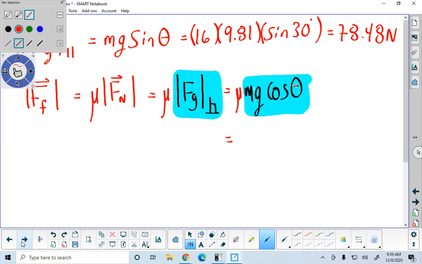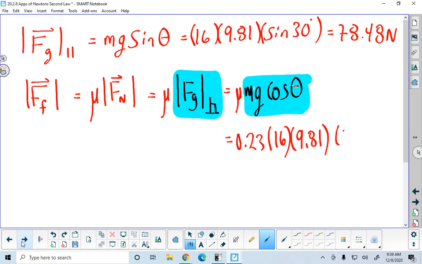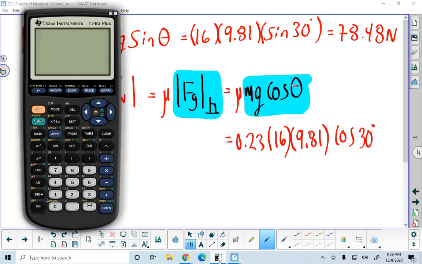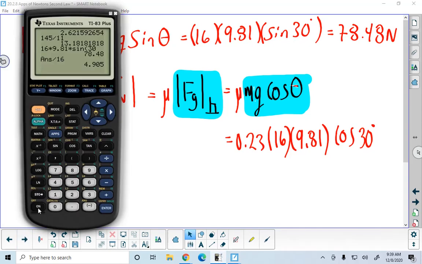So we have 0.23 multiplied by the mass, which is 16, multiplied by the acceleration due to gravity, which is 9.81, multiplied by cosine of 30 degrees. 0.23 times 16 times 9.81 cosine 30. I'll double check my entry here. It looks okay. I get 31.26 newtons.